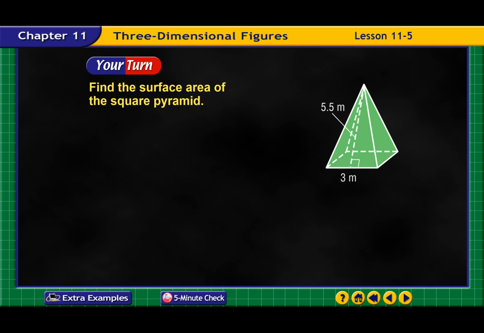Okay, so we're going to take that big long formula that we had earlier. Area equals the base squared because it's a square pyramid, plus sides times 1/2 base times height.